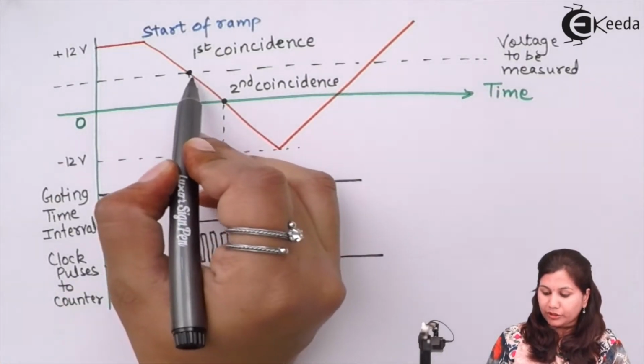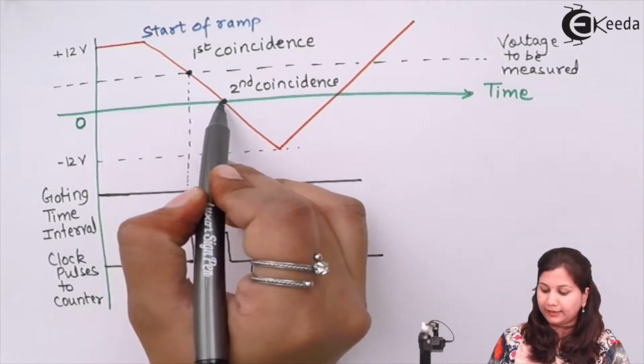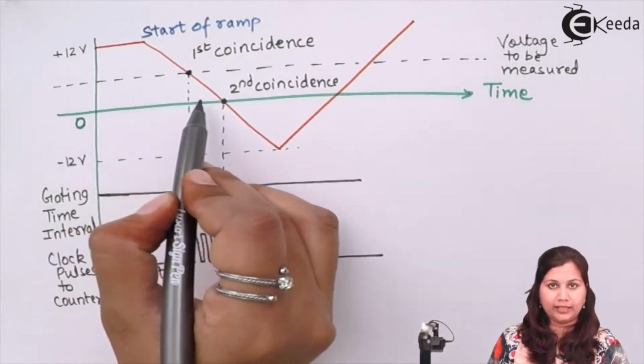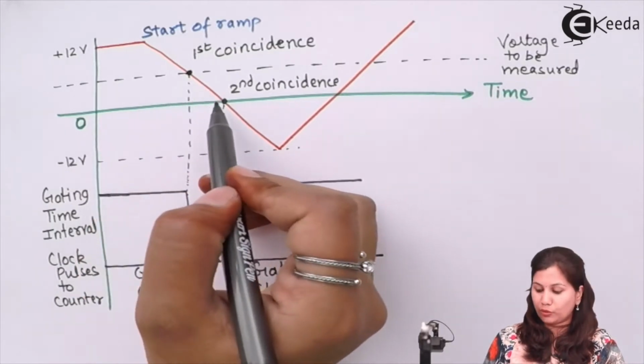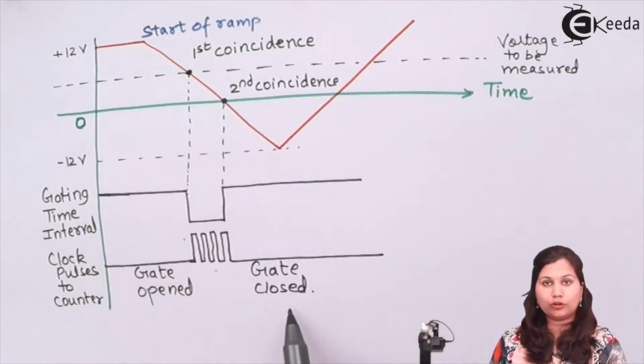Now after this first coincidence, again the linear ramp is decreasing and it comes to a point when it is equal to the zero voltage line. So when this linear ramp voltage is equal to 0 volts, that is the second coincidence point, then the gate is closed.